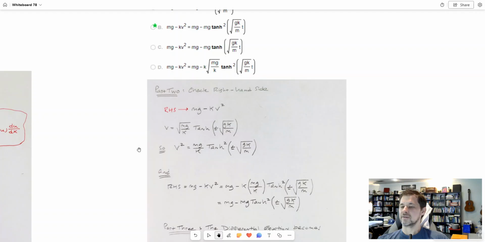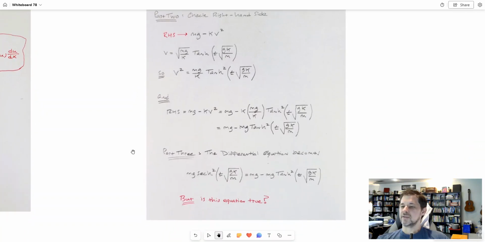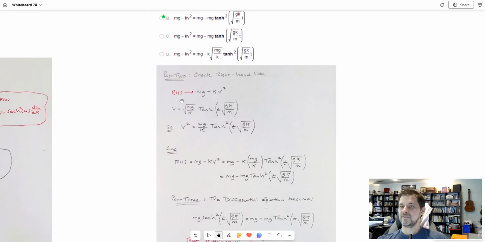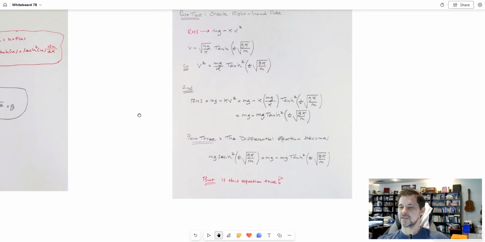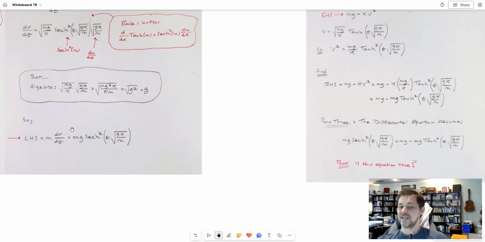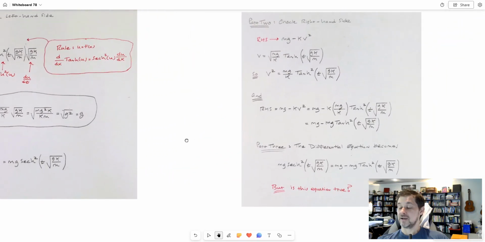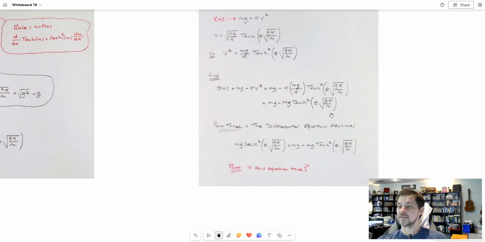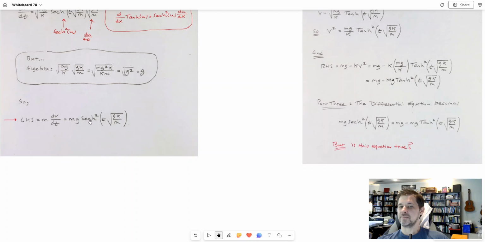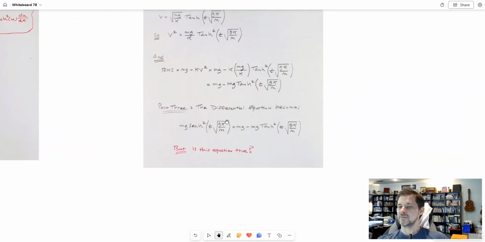Okay? All right. Now, let's put it all together. We'll get almost all the way there this time. So far, I've at least shown you how to answer the first few parts on my math lab. But it says, all right, is the left-hand side and how it reduces equal to the right-hand side? That would be mg hyperbolic secant squared t root gk over m equals mg minus mg hyperbolic tangent squared t root gk over m.